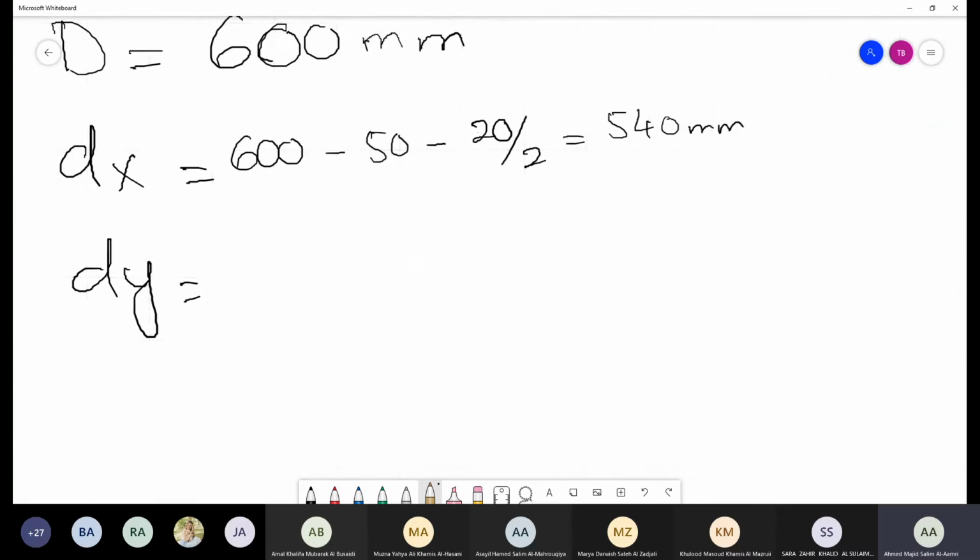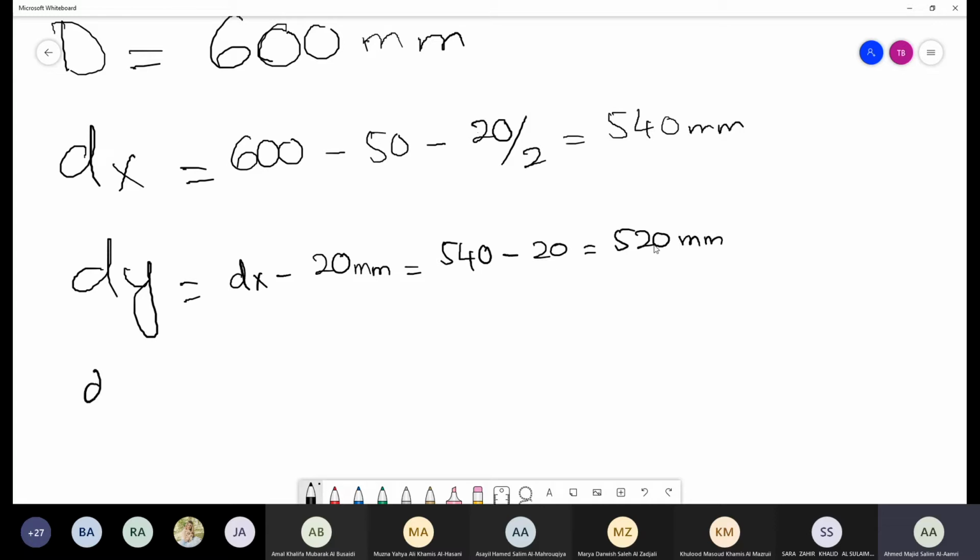So I can say that my dy is equal to my dx minus 20 mm, which is 540 minus 20. This is going to go as 520.